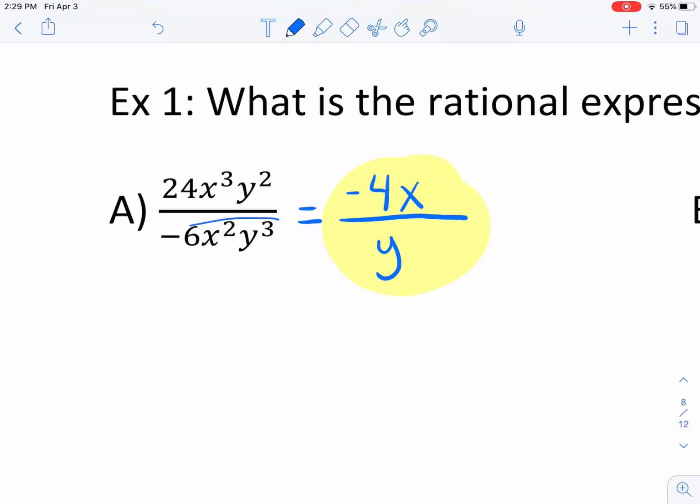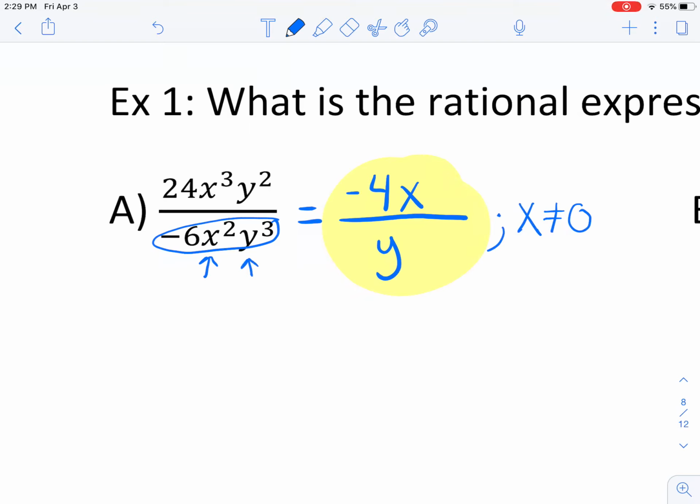To find that out, we're always going to look at the denominator of the original. So we're looking at negative 6x squared y cubed. Think to yourself, what number, if I substitute it in for x on the denominator, will make the whole denominator 0? Well, if x is 0, then the entire denominator will be 0.